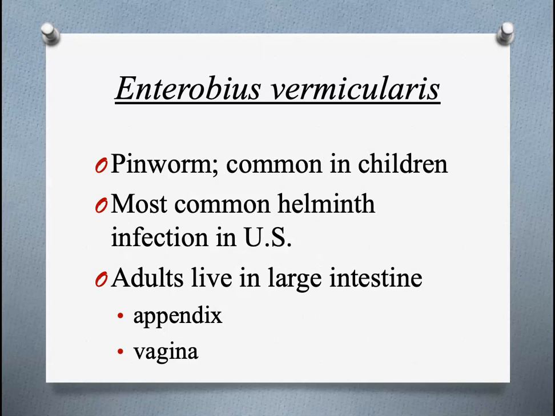It is very common in children, and I'll show you why. It's because it's easily transmitted, and how the eggs are laid, and it is definitely spread more commonly in children. The adults tend to live in the large intestine. Rarely they can live in the appendix or the vagina, but that's, like I said, more rare.